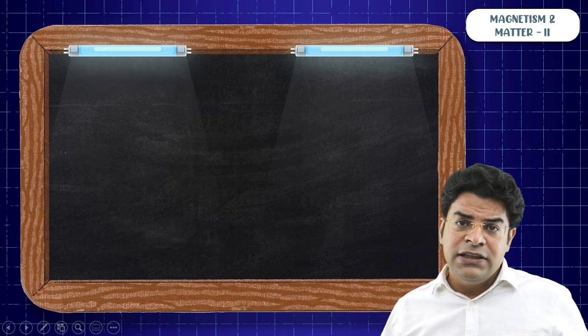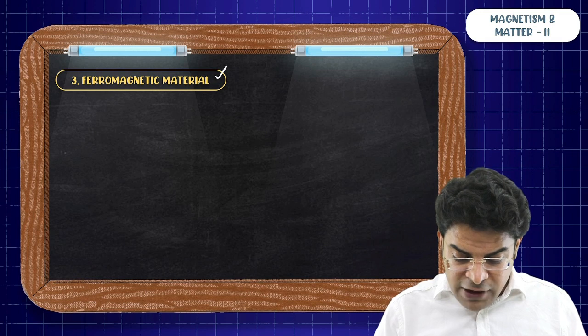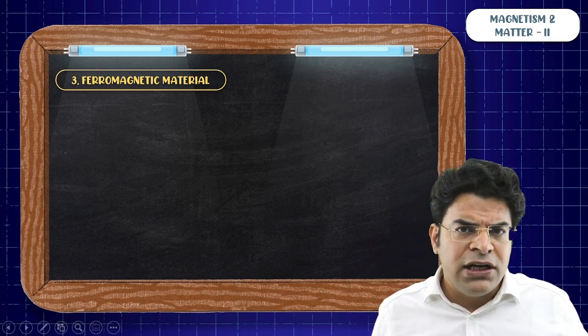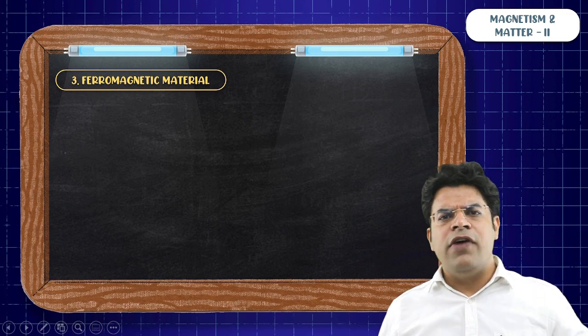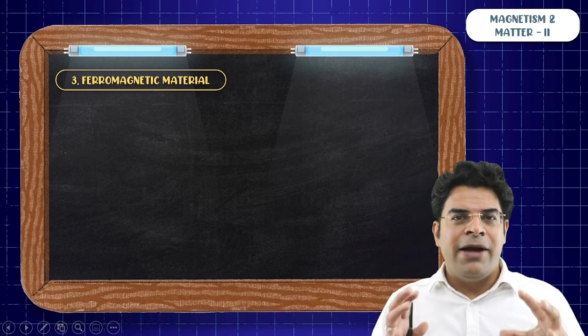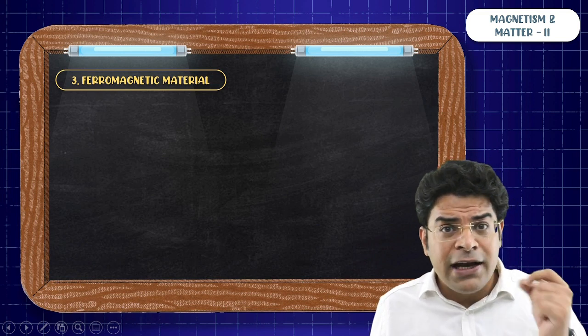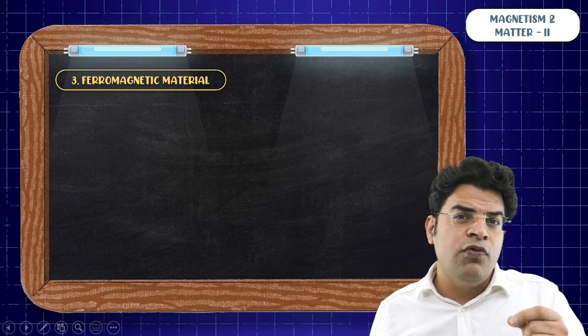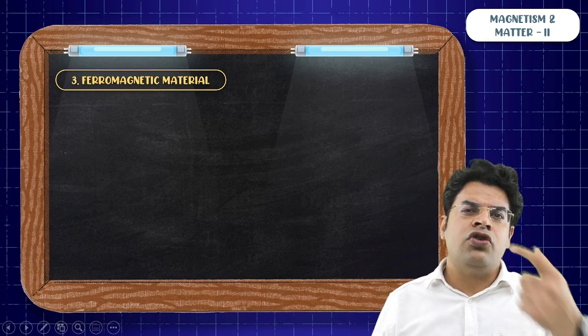So now it's time to talk about ferromagnetic materials. In the introduction, I said that every time you have to think of a ferromagnetic material, think of a super strong paramagnetic material. A paramagnetic material is feebly attracted by a magnetic field. It tries to move from a region of weaker magnetic field to stronger magnetic field.